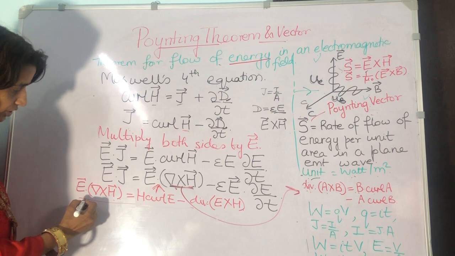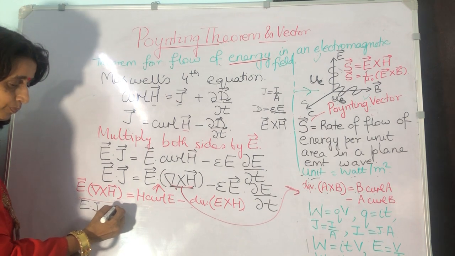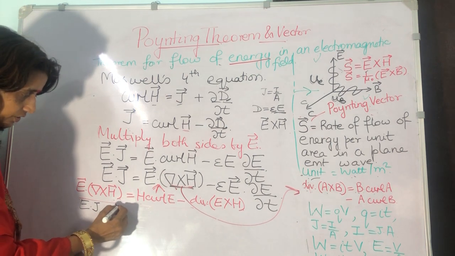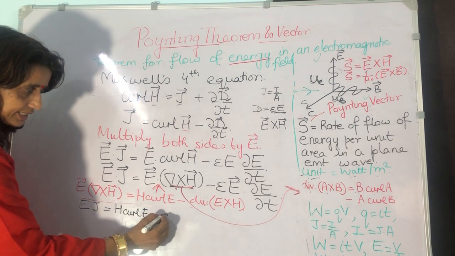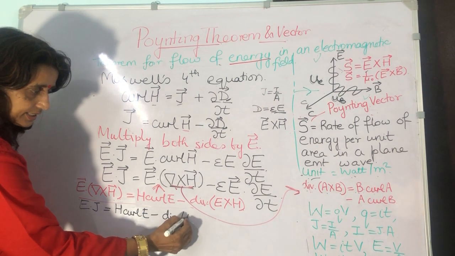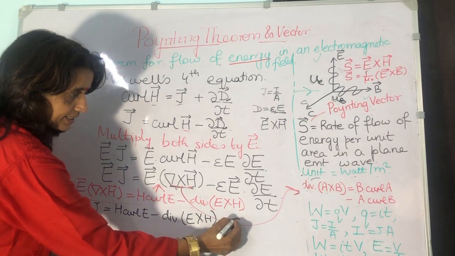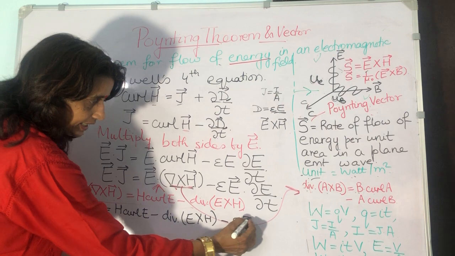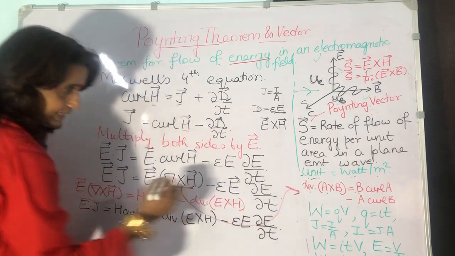So your expression becomes E dot J is equal to H dot curl E minus divergence of E cross H minus epsilon E del E by del T.